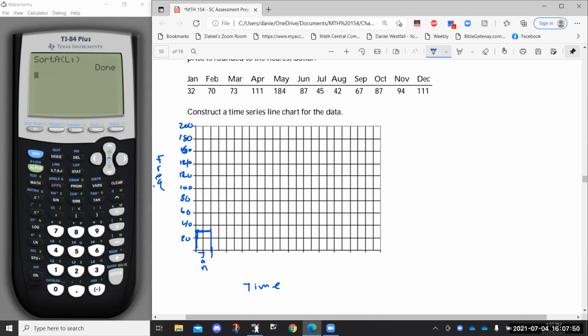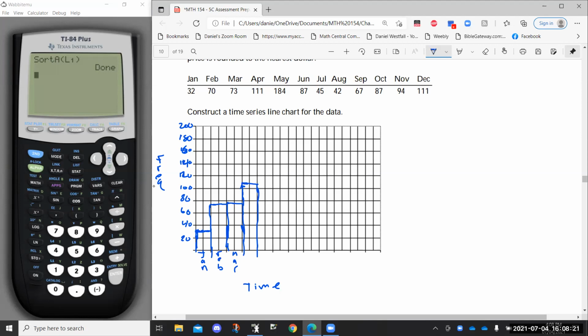70 is going to be up to here. And see how that would be February in the middle here. And then 73 is going to be just a teeny bit higher here. Almost not noticeable, that's March. And then 111 is going to be up here, a little bit more than halfway.